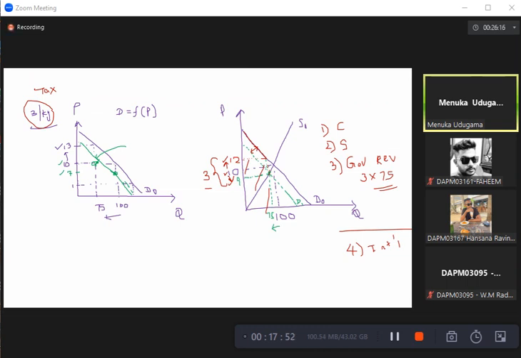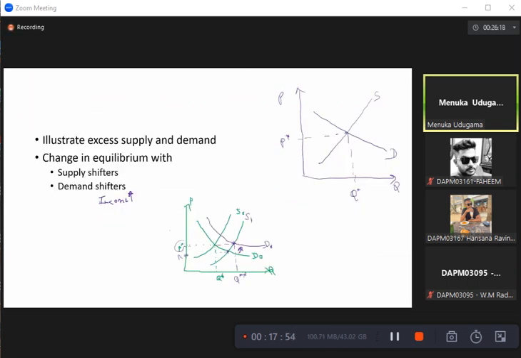Right. Then we will move to today's. So this also, I think we did discuss last week. What would happen to the market equilibrium if there is any external force involved? For example, a supply shifter. What would happen to the market equilibrium if the income of the population increases, right?